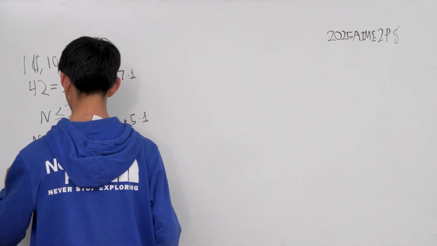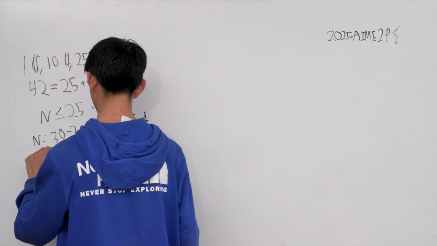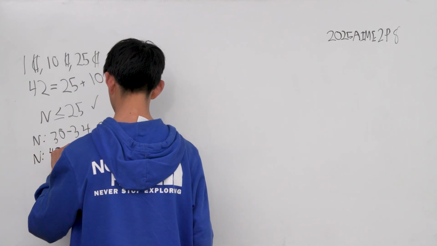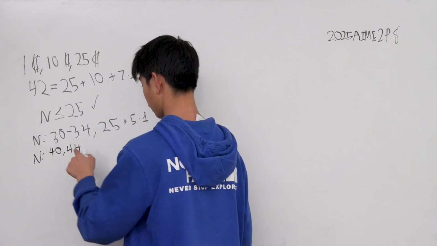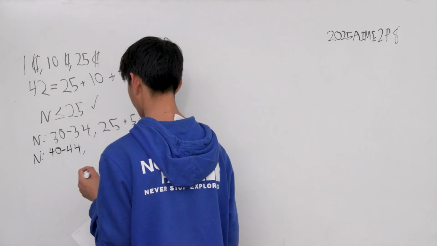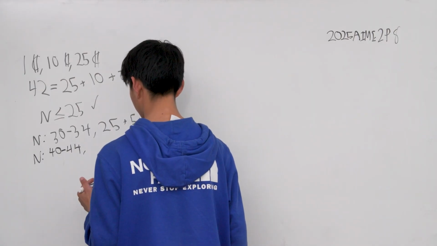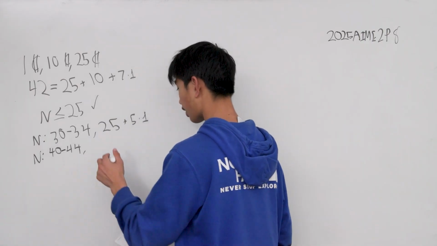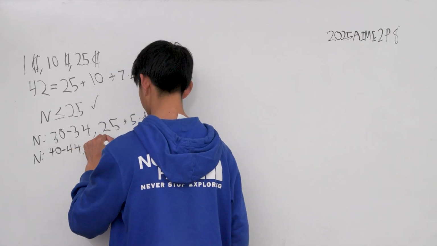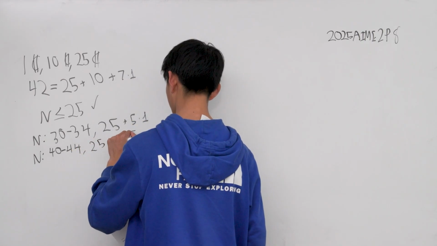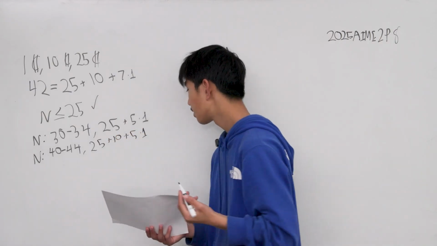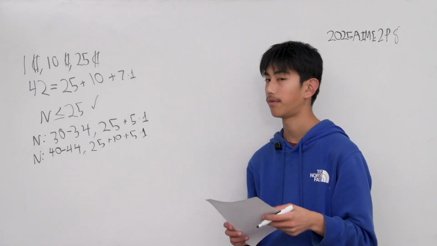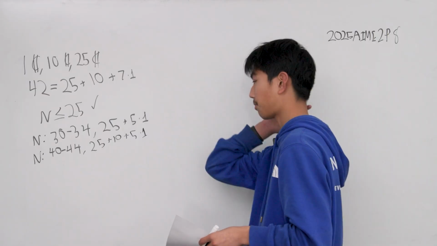Again, you see it at n from 40 to 44. You see here that the greedy algorithm says to get 40, you have a 25 plus a 10 plus 5 1s. Again, this is not optimal because you could just have 4 10s and that'll solve all your problems.